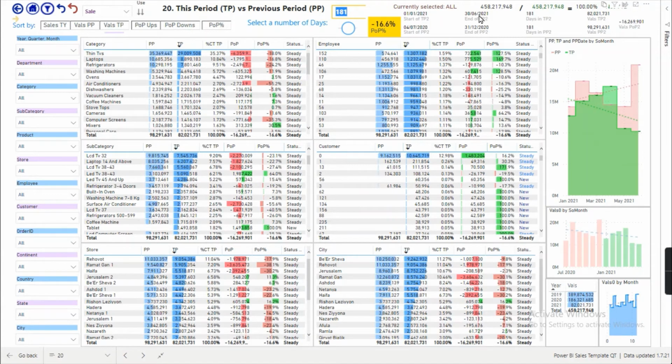So that's the first half of 21, and we compare it to the last half of 20. Okay, we see all the retail chain here on this graph, nothing selected, so it's all the chain.